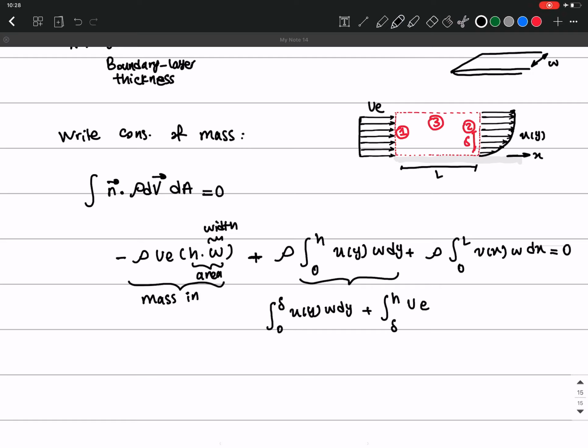So ue w dy. And so here, this is going to be just ue, because u is constant, I can take it out of the integral. And w is also constant, I can take it out, uew. And it's just going to be h minus delta. Okay, so this is going to simplify our equations.